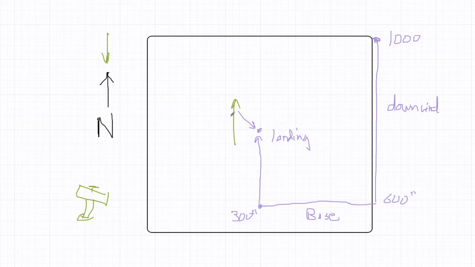Airplanes typically will land into the wind, or at least back then they landed into the wind. Today's modern airplanes can do crosswind landings and even sometimes tailwind landings depending on the situation. But back then we had a big open field that we landed little airplanes in, and we could land directly into the wind if we needed to, and we did need to.